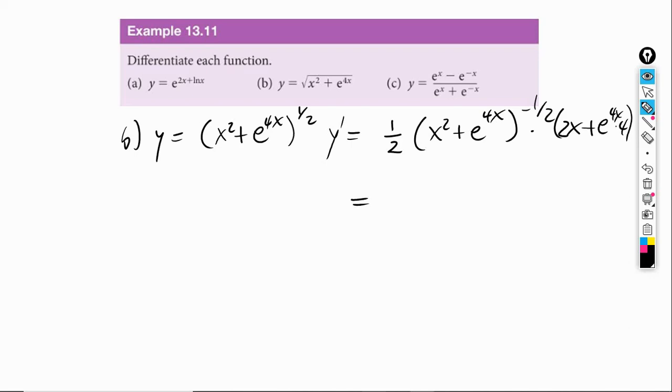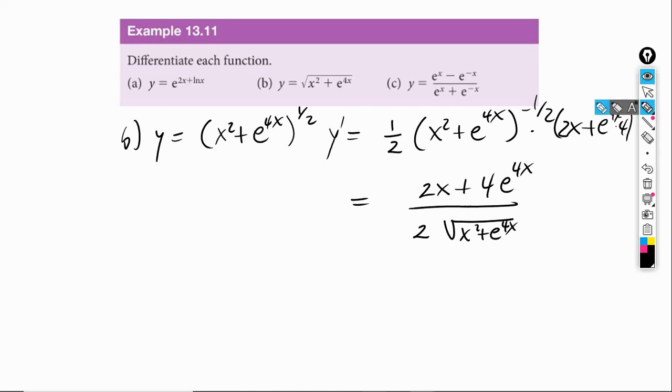Making this look a little bit better, we could write it as 2x plus 4 e to the power of 4x over 2 square root of x squared plus e to the 4x.